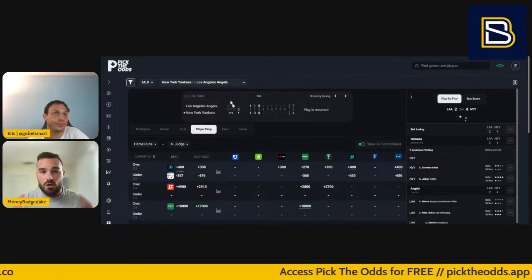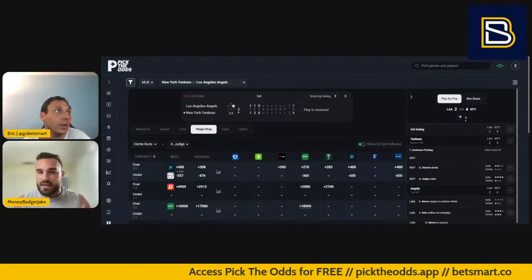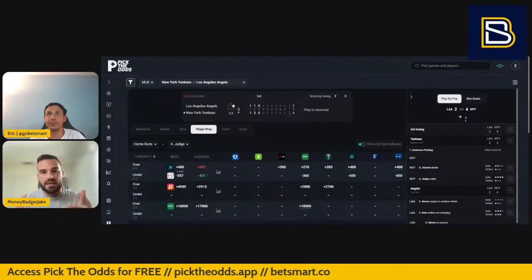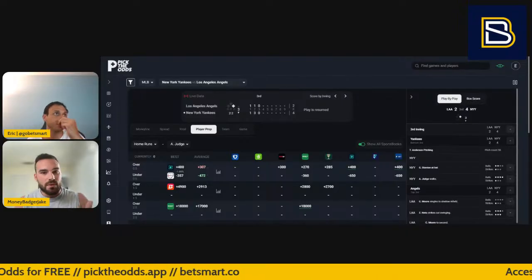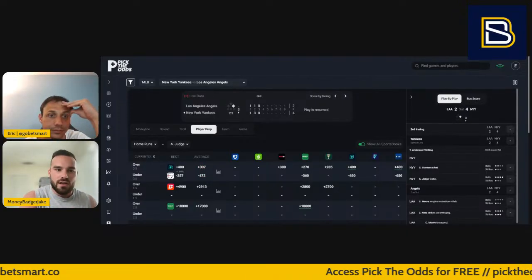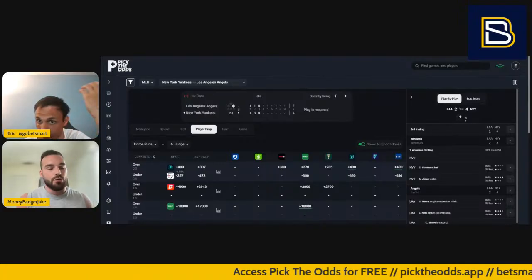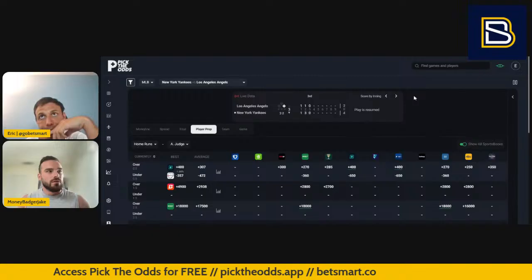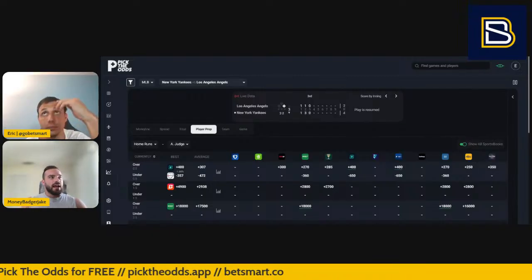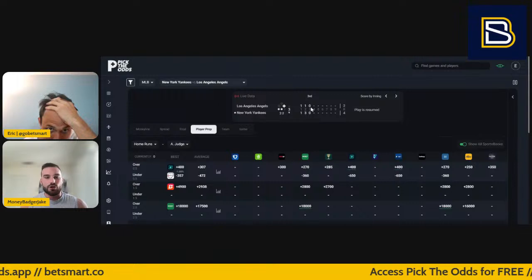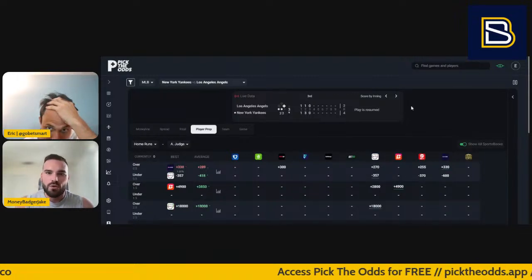It started off super slow, but in the back of my head, I liked the matchups. I liked the bullpen matchups. We did all of that research for you, and then we get to hop in and use a tool like this to see, oh wow, here's the best odds. We can get this at 6.5 now in the third inning. I'm getting another 3 runs back, and I still liked over 9.5. So we do a lot of that work for you guys, and then you just get to listen in and lock in good plays, and we do most of the work for you.